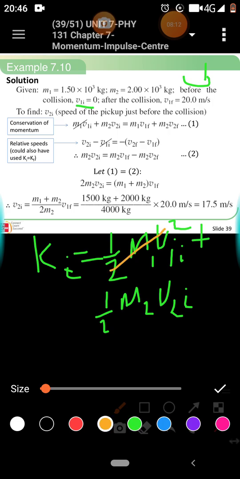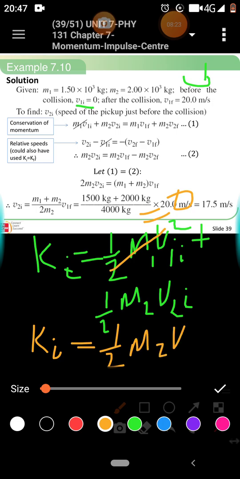So the initial kinetic energy is half m2 v2I squared.